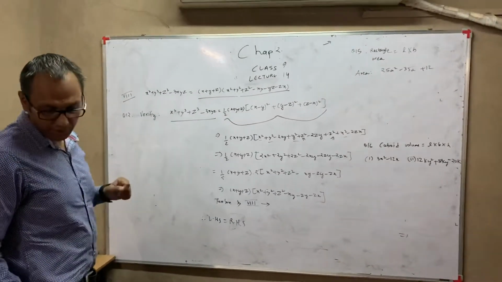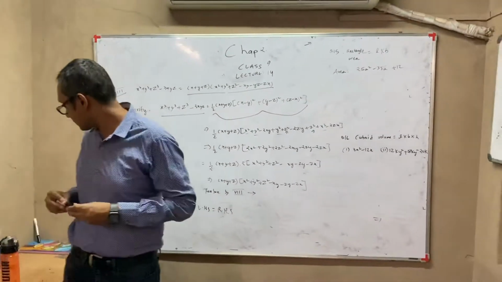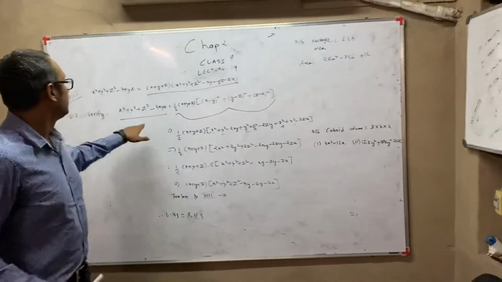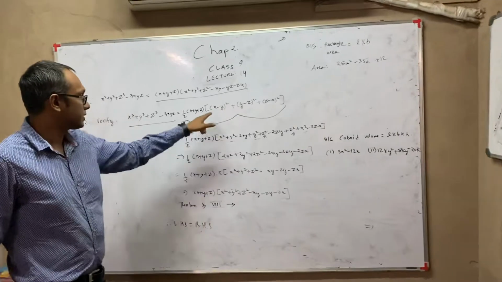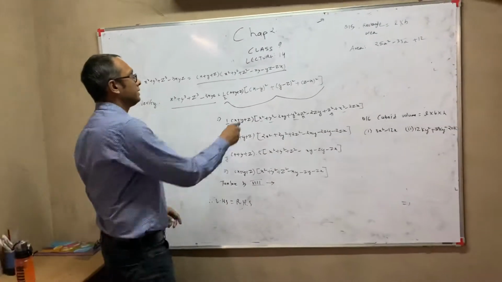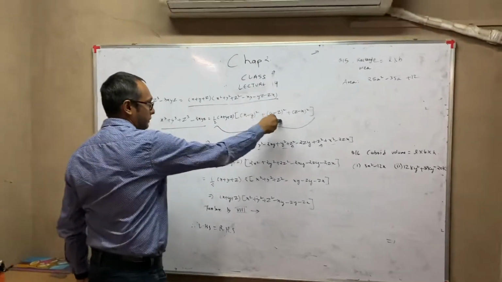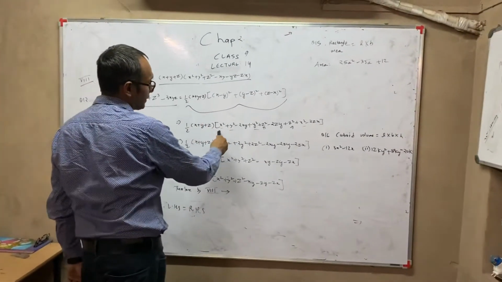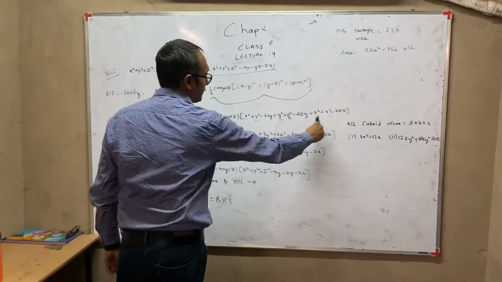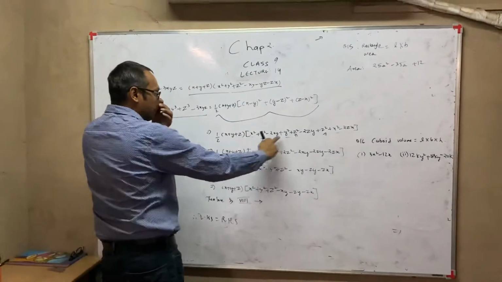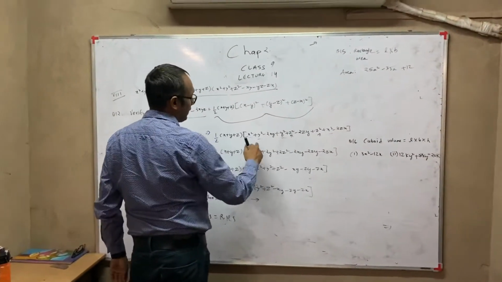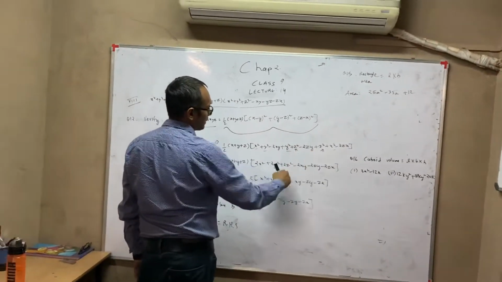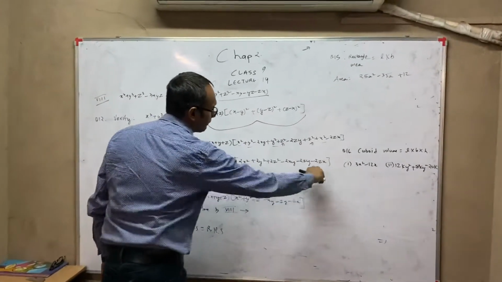RHS. So again I am repeating, this is a very important sum and it is asked many times. First step you will do, you will just write it like this and then proceed on this side. On this side you will open this bracket and this bracket. This is a minus b whole square. Once you open it, you will get 3 terms. Then the like terms which can be added, you will add: x square plus x square, y square plus y square, z square plus z square, and the other 3 terms we will just write behind.